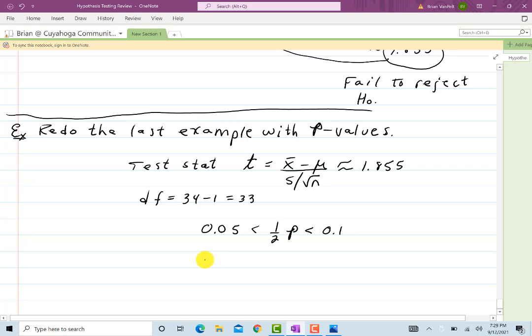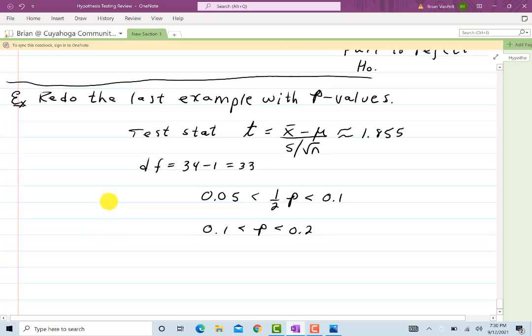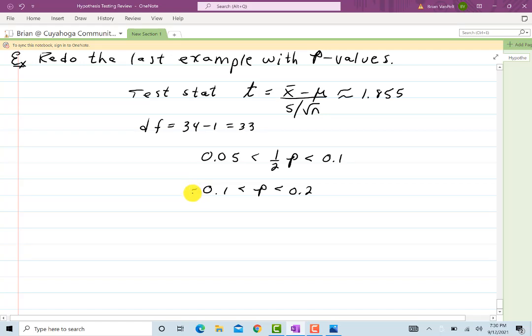If I multiply through by 2, I get this. Now, what was my alpha? My alpha here is 0.1. So this tells me that alpha is less than p, which implies that we fail to reject H naught.